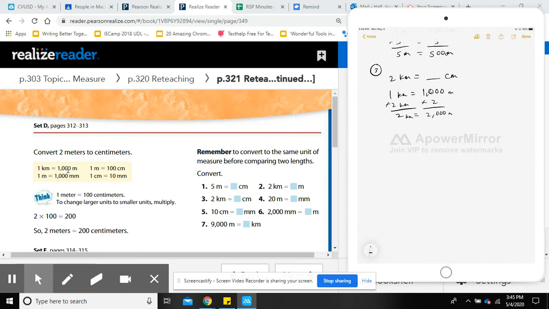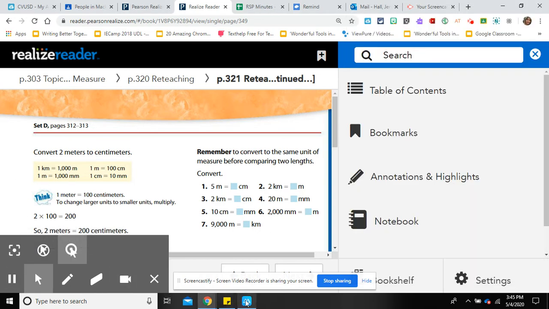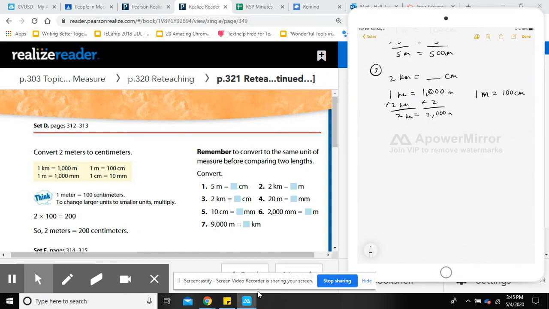Okay, so now I know that 1 meter is equal to 100 centimeters. So if 1 meter is equal to 100 centimeters and I have 2,000 meters that I'm working with right now, I'm going to multiply this by 2,000.